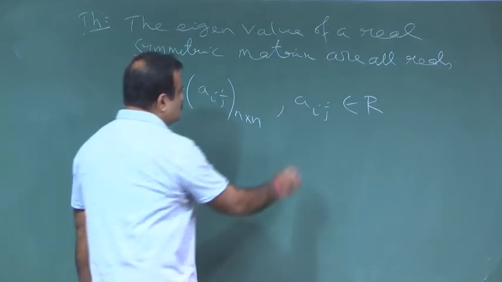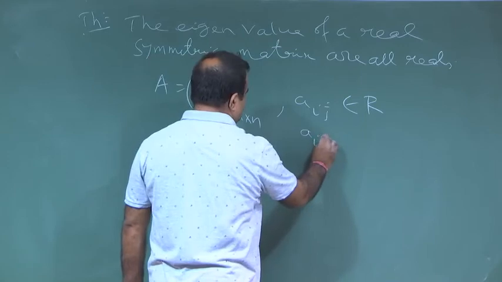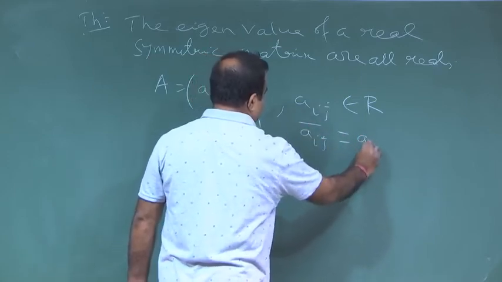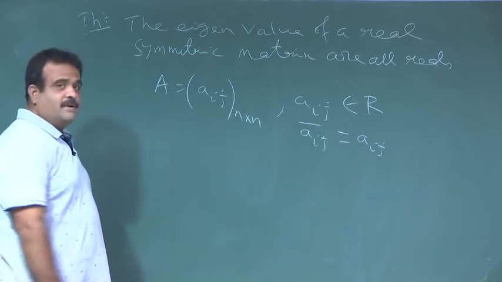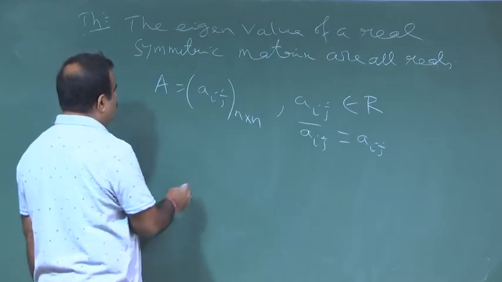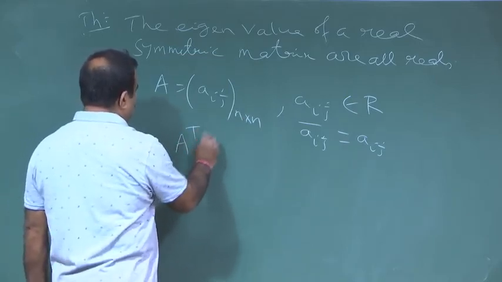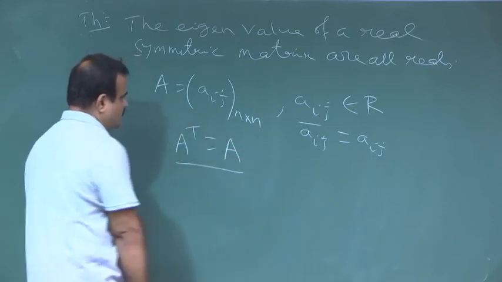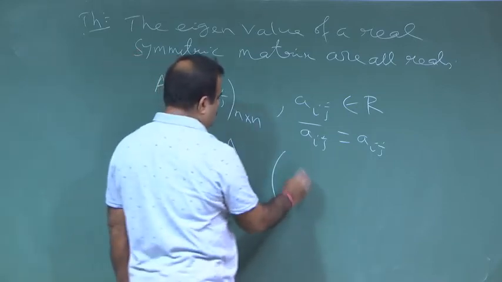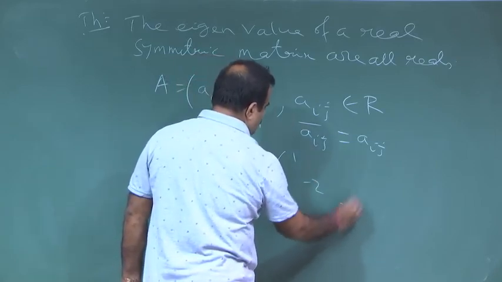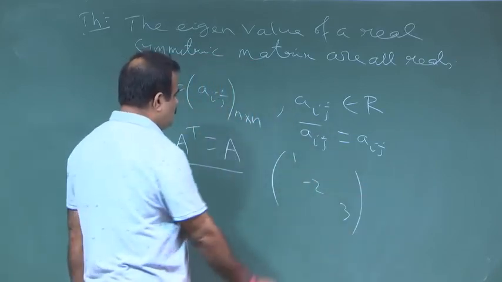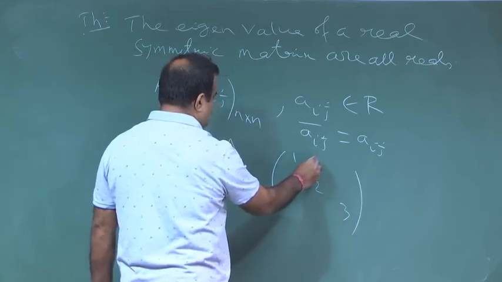So, that means, if you take the conjugate of this, then that is the same as this. This is the conjugate, and it is symmetric means transpose. If you take the transpose of this, it is the same as A. This is an example of a symmetric matrix. If we have 1, say minus 2, 3 on the diagonal, we have nothing to do, but the value over here is the same as the value over here.